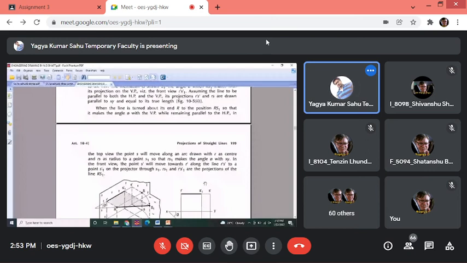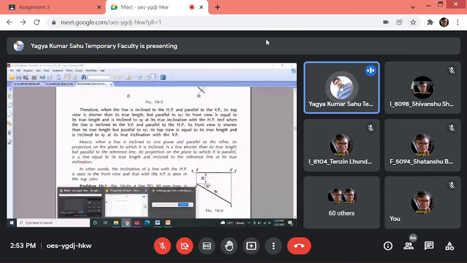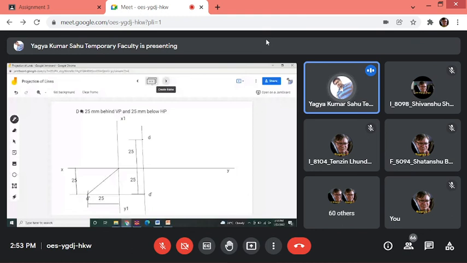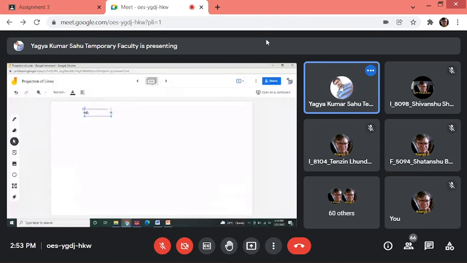Suppose there is a line AB, capital AB, of length equal to say 40 mm, which is parallel to horizontal plane HP.